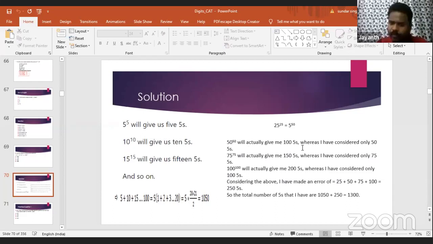Actually 50 power 50 will give 100 5s, but we have considered only 50 here, so an extra 50 you have to add. 75 power 75 will give 150 5s, and 100 power 100 will give 200 5s. Add this 25, 50, 75 and 100, that gives you 250. That 250 is to be added. So in total you have 1300 5s, so you can easily make 1300 zeros. Is that clear, guys?